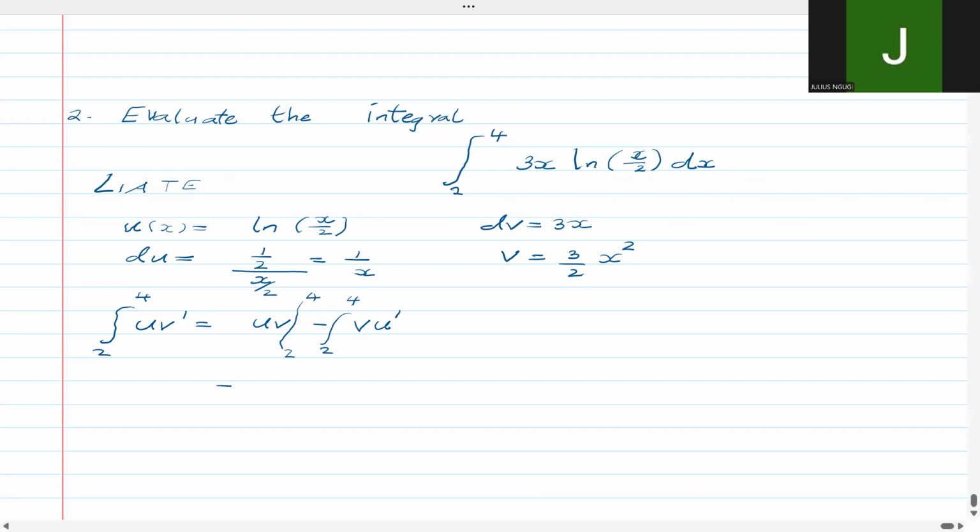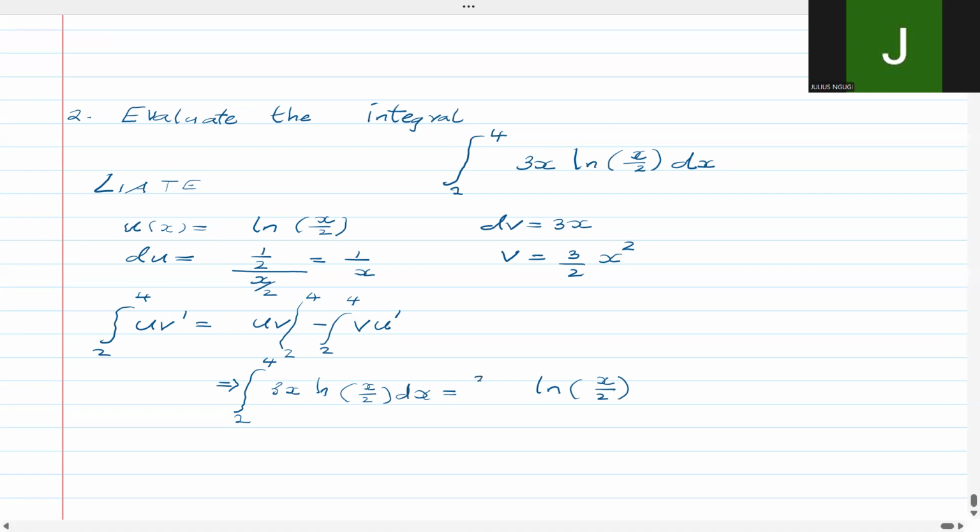Now let's substitute them in our formula. So the integral from 2 to 4 of 3x natural log of x over 2 with respect to x is equal to u v, where u is ln of x over 2, and v is 3 over 2 x squared.